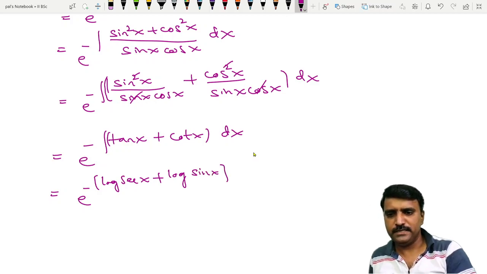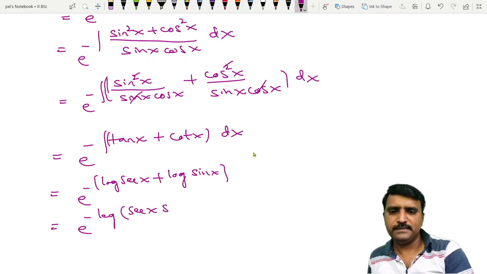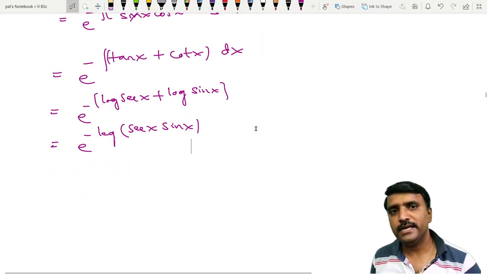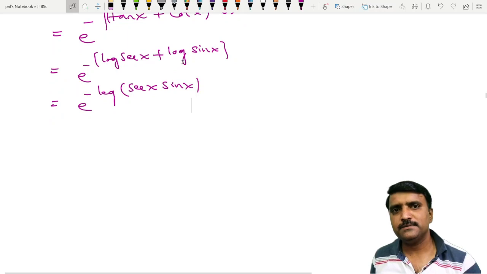Okay, so integration is finished. It is e to the power minus log of secant x into sin x. This is because log a plus log b can be written as log ab. So log secant x plus log sin x can be written as log of secant x sin x.